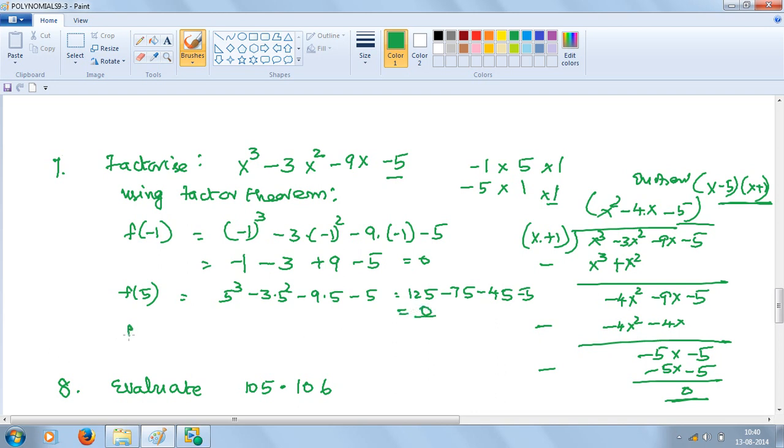Similarly, we will try with f of minus 1. Here f of minus 1 we have already tried. Again that is a factor. So the answer is simple. These three, they are all factors.